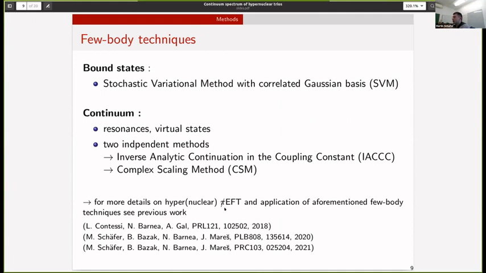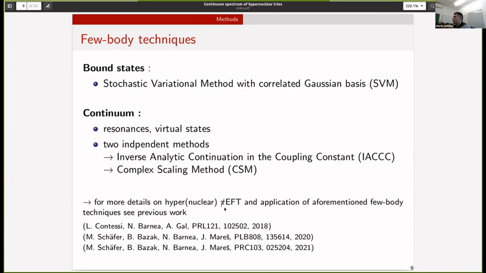In order to calculate bound as well as continuum states, which is the purpose of this work, we use different few-body techniques. For bound states it is the stochastic variational method, which is very precise and calculates bound state energies with very high precision.